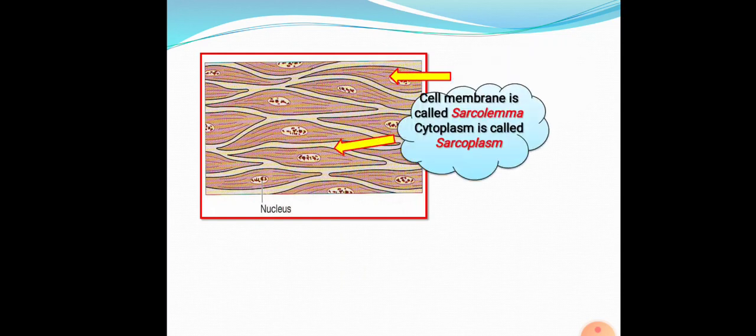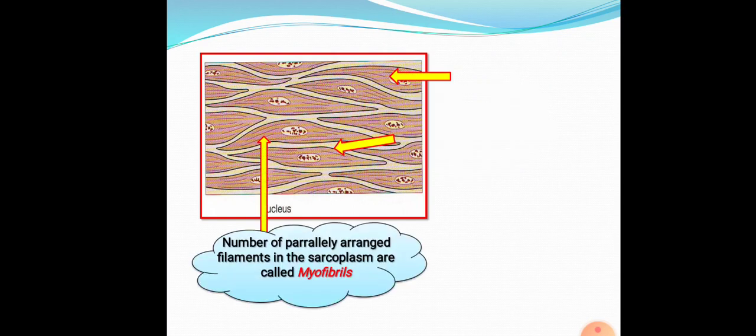Each cell is surrounded by a cell membrane called the sarcolemma, and inside the cell there is cytoplasm called the sarcoplasm. It consists of a number of parallelly arranged filaments called myofibrils.